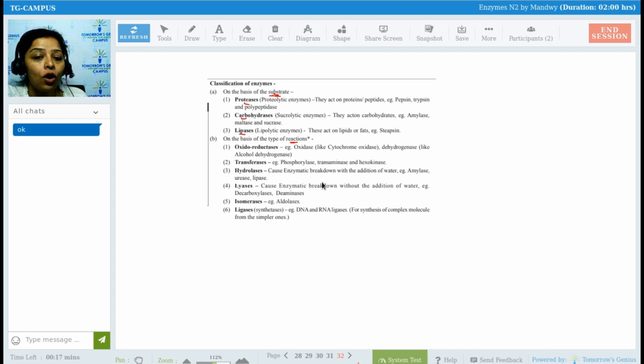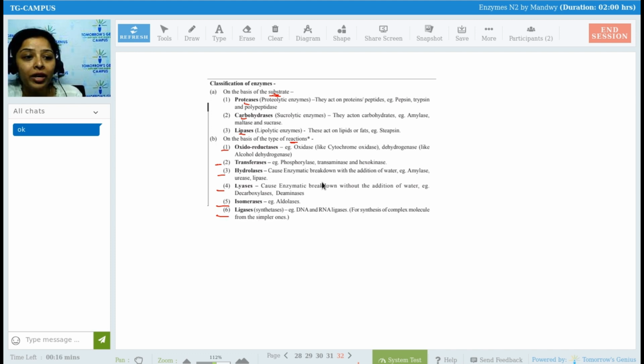On the basis of type of reaction, if oxidation and reduction is taking place, it is oxidoreductase. If transfer of a molecule is taking place, transferase. If breaking down of a molecule by the addition of water, then hydrolase, then isomerases and ligases.